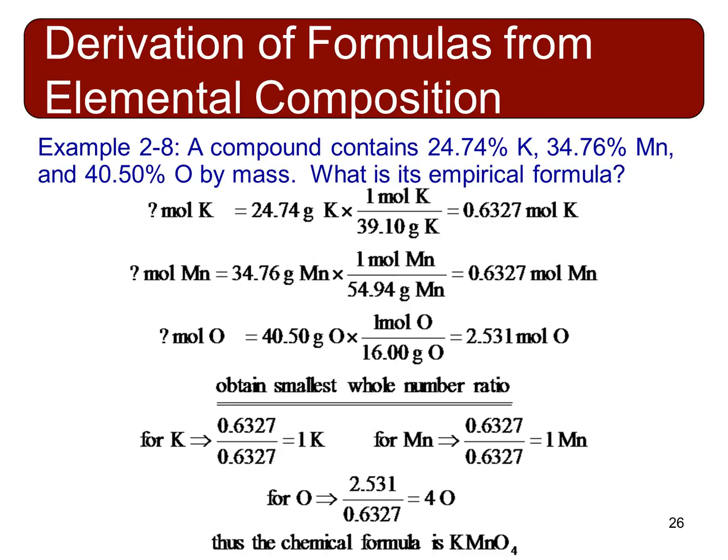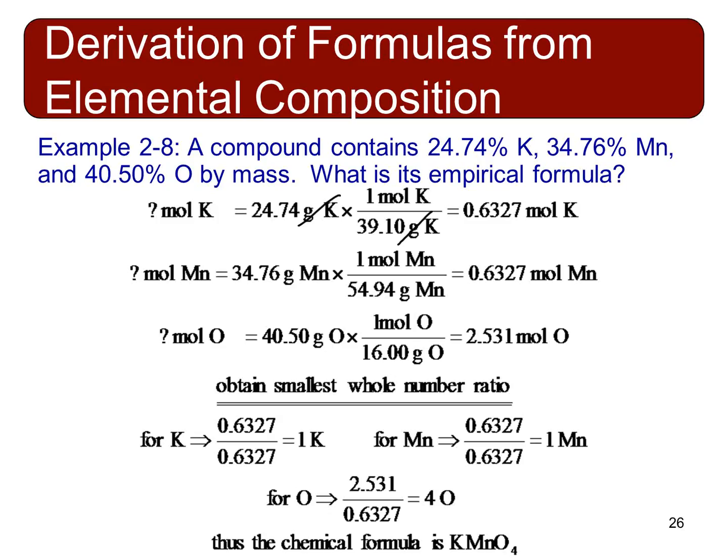Okay, so you go to the periodic table, and you look up the atomic weight for potassium, manganese, and oxygen. If we look here, our grams are going to cancel. Every time that we go to the periodic table to look at the atomic weight, we know that that is based on 1 mole always, right? So we always have the 1 mole in the numerator there.